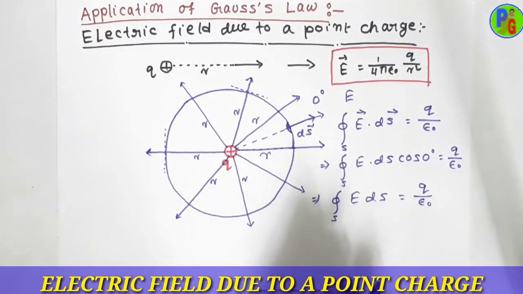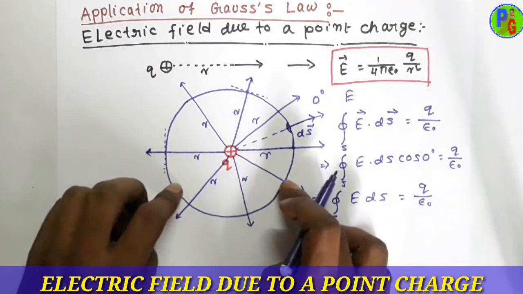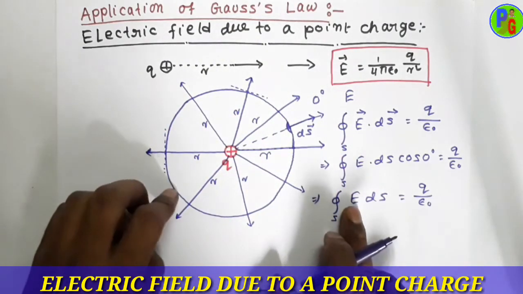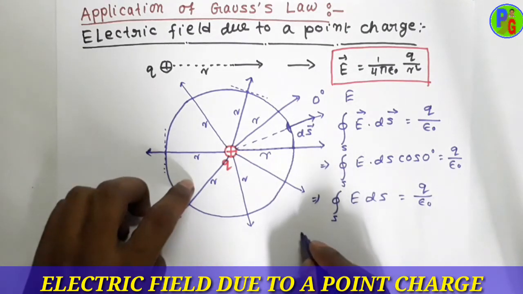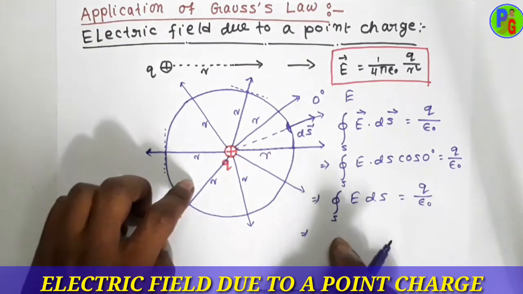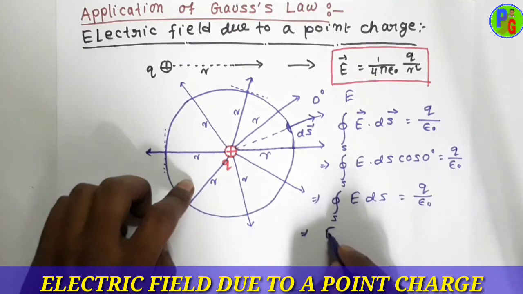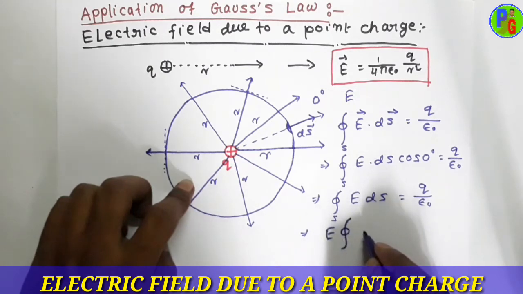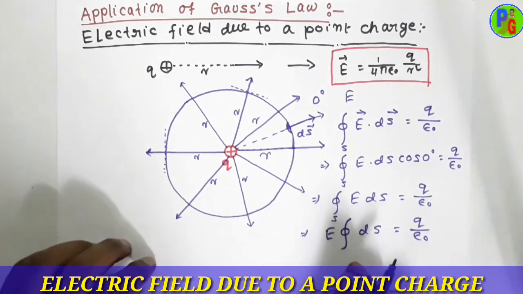Now take the other advantage of the spherical Gaussian surface, that is, the electric field all over the surface is constant. That is, the electric field is independent of the surface area here. Whatever the position on the surface, we can say that E is a constant term here. So in the integration, we can take E out of the integral, and we get q by epsilon naught is equal to E into the integral of ds.